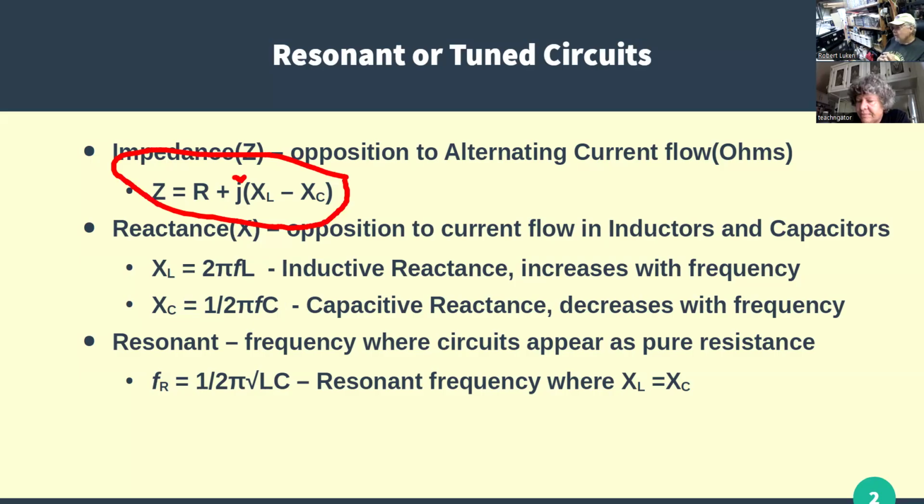In electrical engineering, because we use small i to represent current, we use j to represent imaginary numbers. And what that means is that j or i is how we represent the square root of -1.